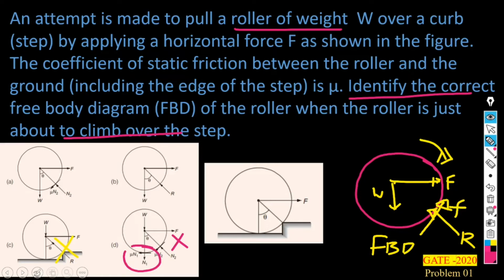Option A, because the corresponding frictional force is shown in the opposite direction, is also not the right free body diagram. Option B seems to be the right free body diagram, but we don't have the frictional force in the free body diagram. Let's check what is happening with the frictional force in this case.